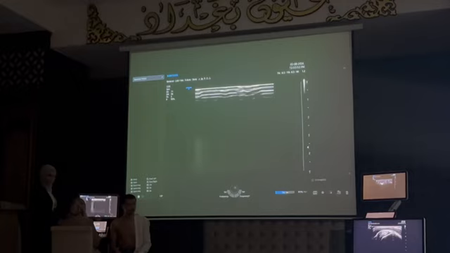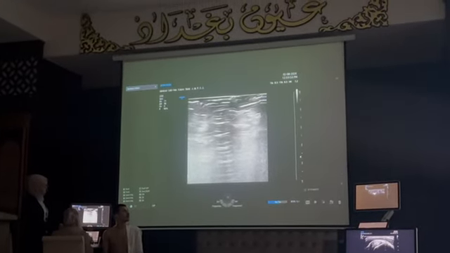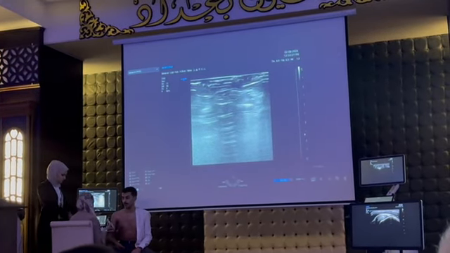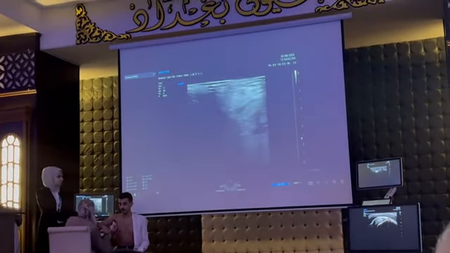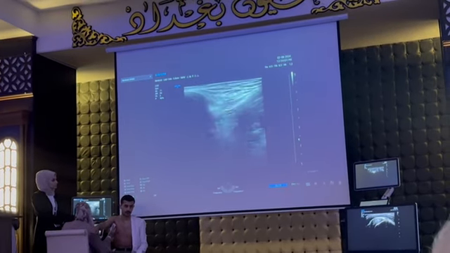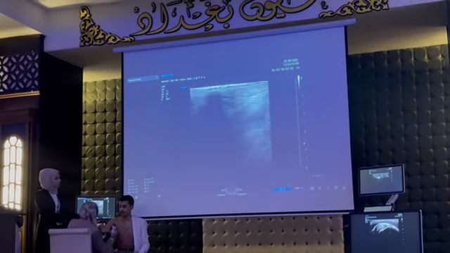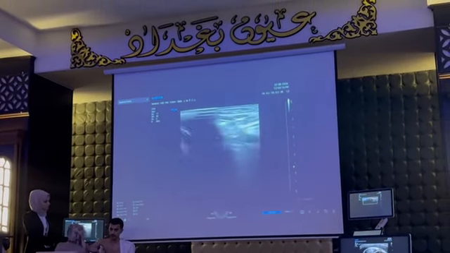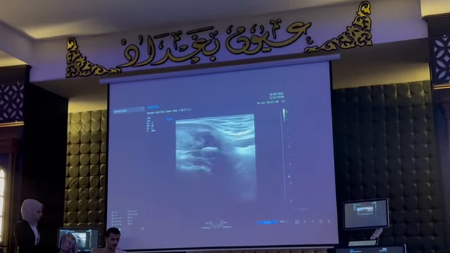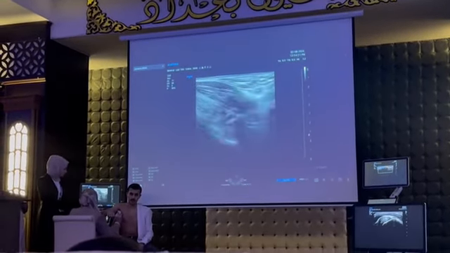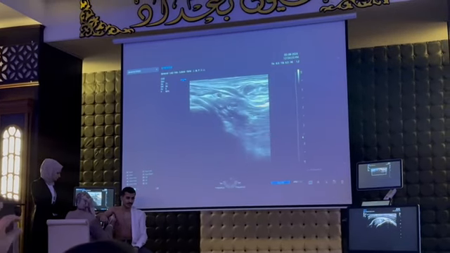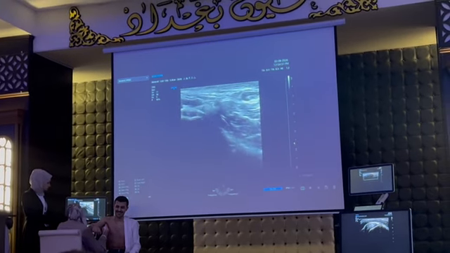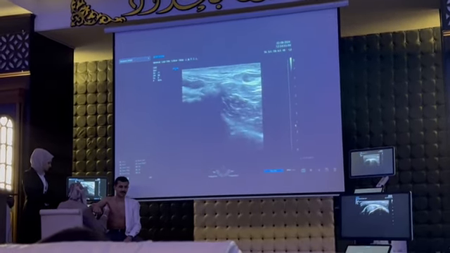Regarding the glenohumeral joint, we can't see the superior and middle parts, we can only see the inferior glenohumeral ligament, which can be seen in the axilla. So I put my probe at the axilla. The fold is deep. You see, this is the humeral head from the right side, and below it is the glenoid.